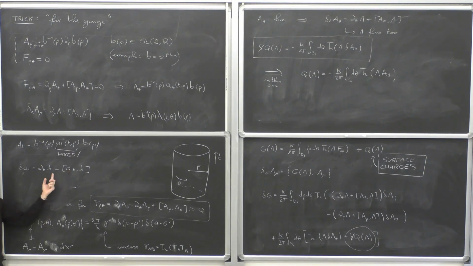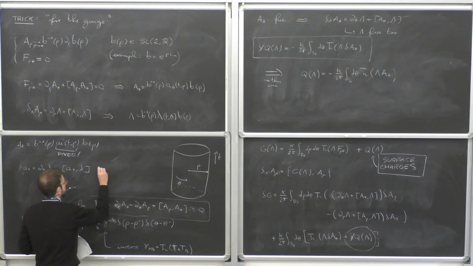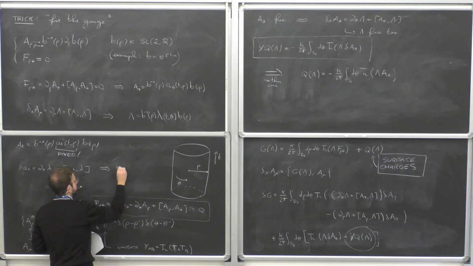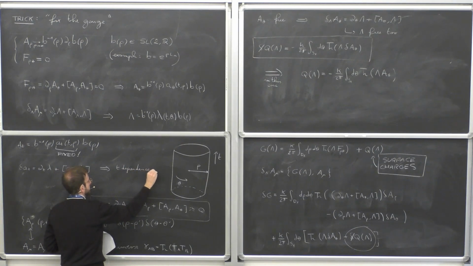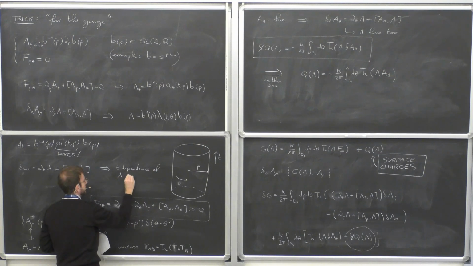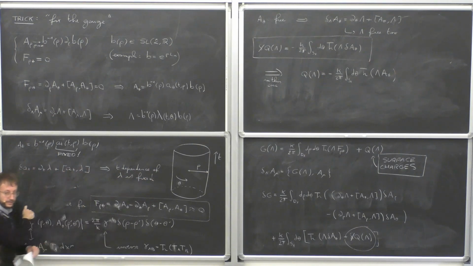So this is a first order differential equation in t. What it's telling me is that the t dependence of lambda is fixed by this particular differential equation. But now, if I have a proper gauge transformation, what does it mean, a proper gauge transformation?